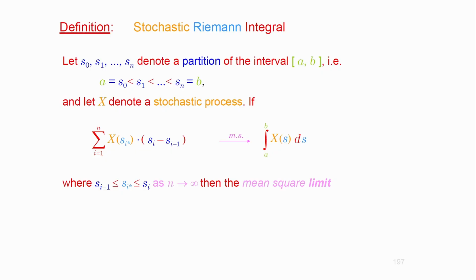The limit is expressed, and this is just a symbolic notation, as an integral from a to b of the stochastic process with respect to time. So the integrator is time here.